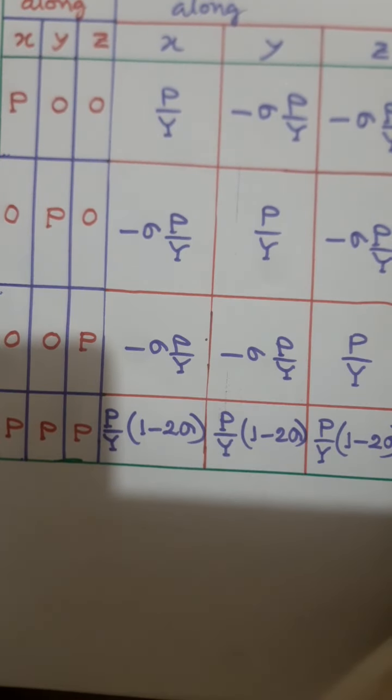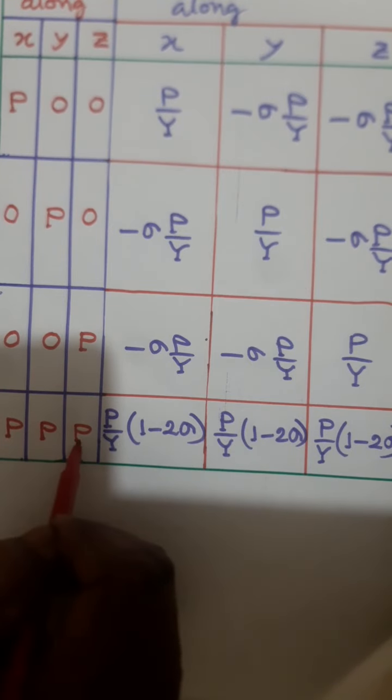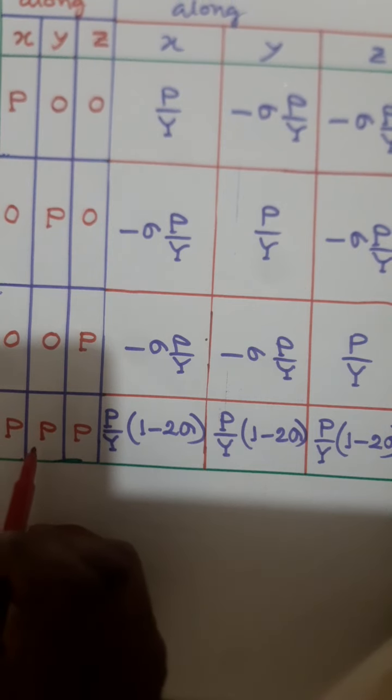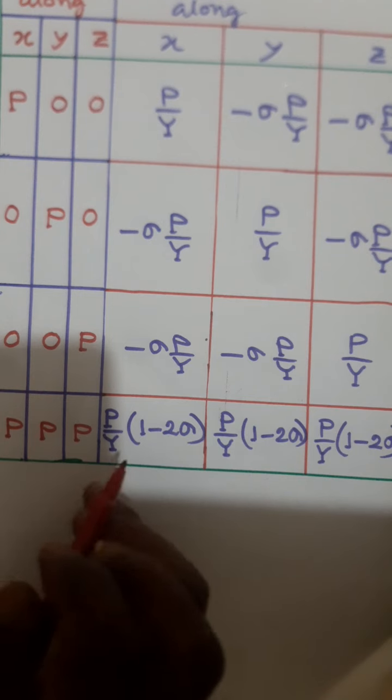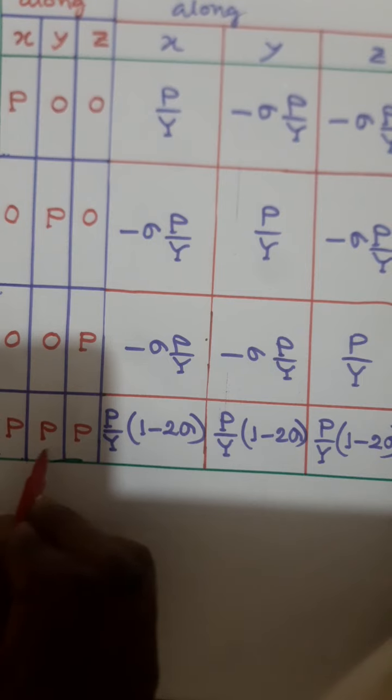If we pull the cube in the x, y and z directions simultaneously, then a volume stress P is obtained.